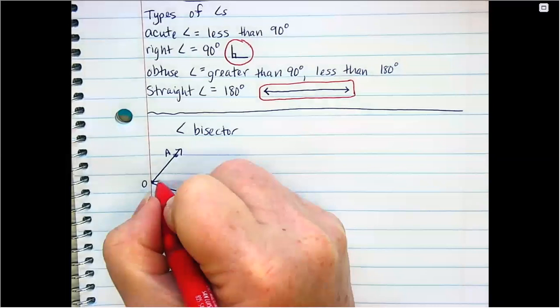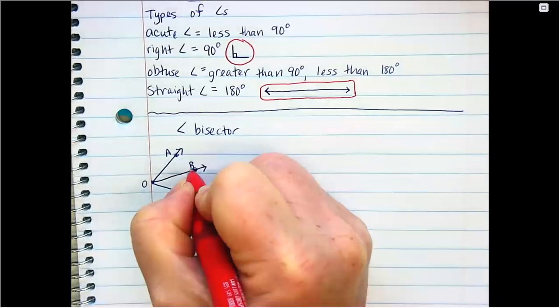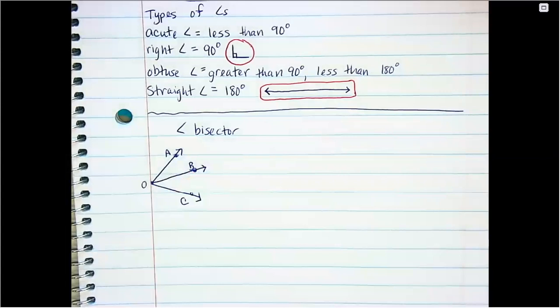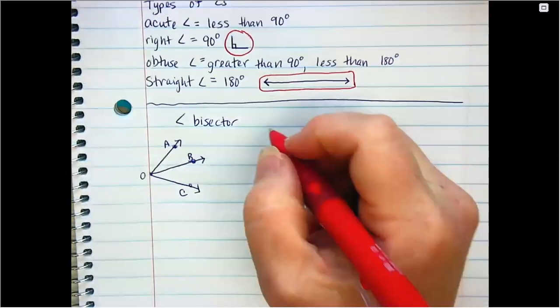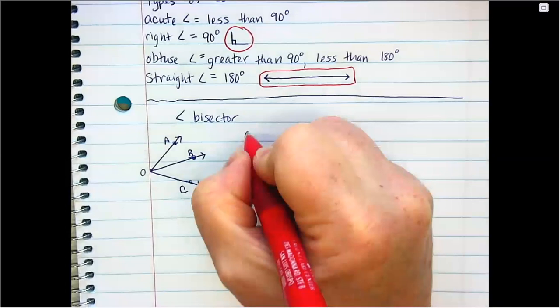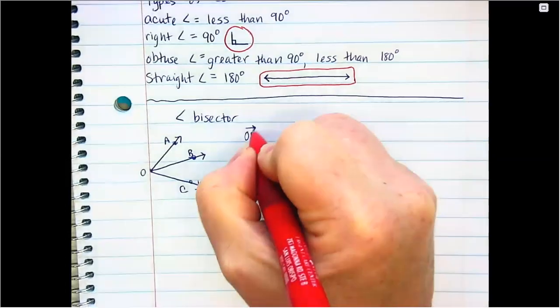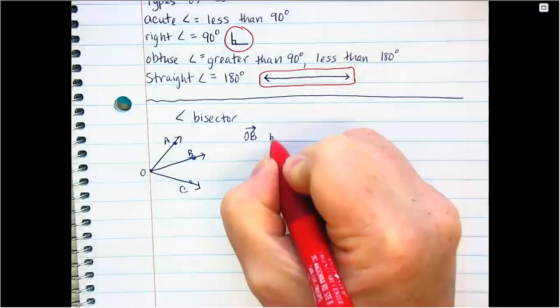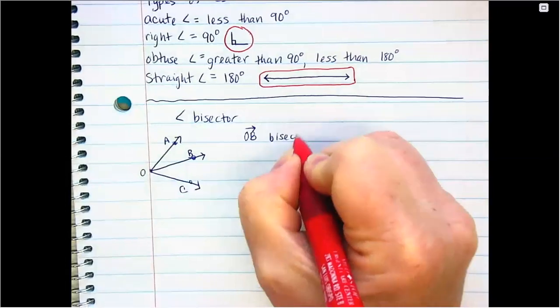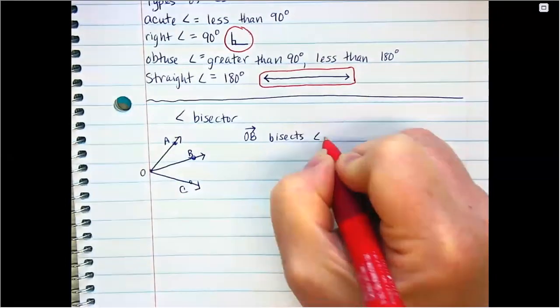We're going to put ray OB right in the middle. It may not actually look like it's right in the middle, but it's going to be. Because we're going to be told that ray OB, so it starts at O and goes in the direction of B, bisects angle AOC.